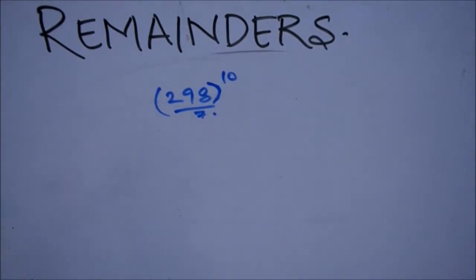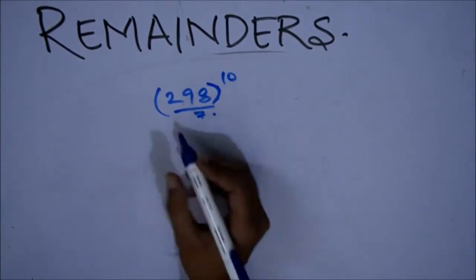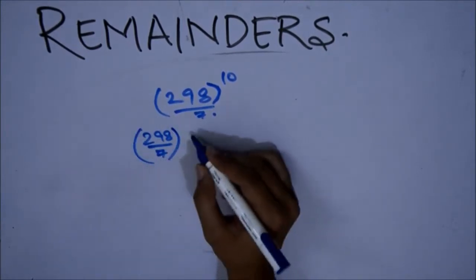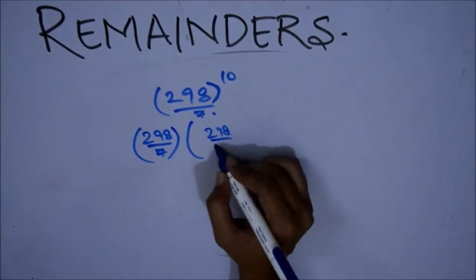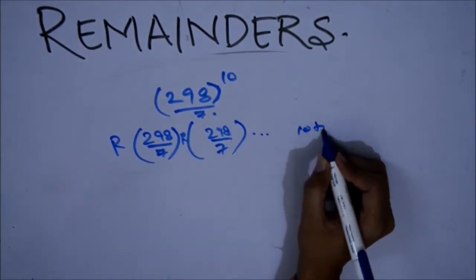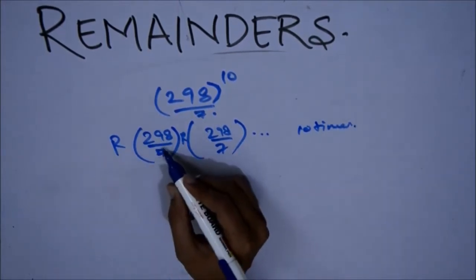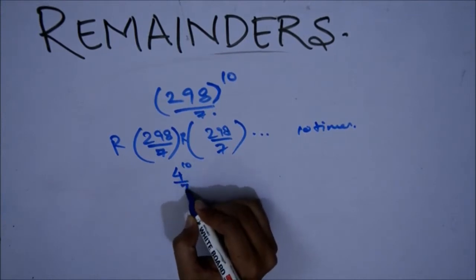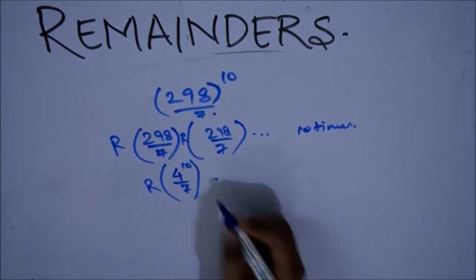We see that the remainder when 298 is divided by 7 is 4. We can write it as the remainder of this into the remainder of this, 10 times. Therefore this will give you a remainder of 4, that is, you can say 4 to the power 10 by 7. The remainder of 4 to the power 10 by 7 is the answer.